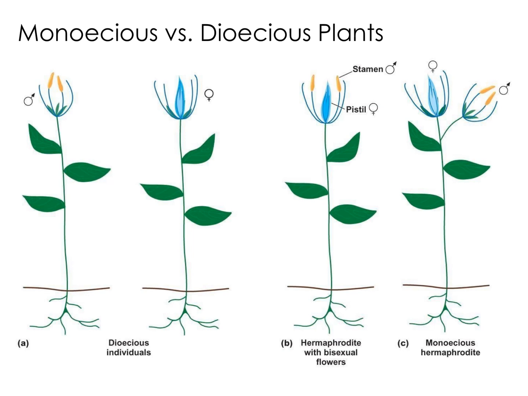The presence of male and female reproductive parts in flowers can vary. You can have flowers that are hermaphrodites, which have both male and female reproductive parts within the same flower. You can also have plants that are known as monoecious plants, which means that the plant has both male and female reproductive parts, but they are located on different flowers.